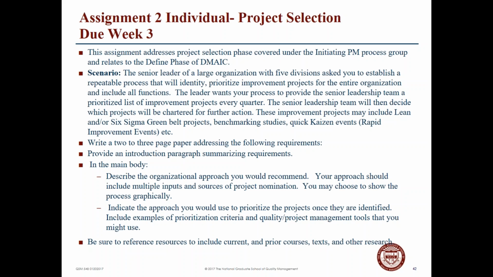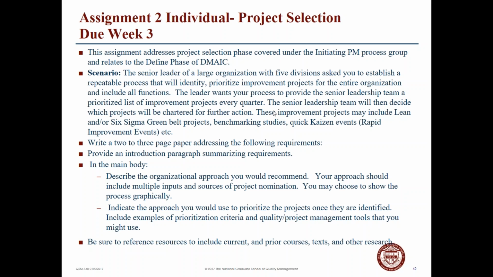The leader wants your process to provide the senior leadership team prioritized lists of improvement projects each quarter. Senior leadership will then decide which projects will be chartered for further action. These improvement projects may include Lean Six Sigma, Green Belt projects, benchmarking studies, quick Kaizen events for rapid improvement, and each of you are asked to write a 2 to 3 page paper addressing the following requirements.